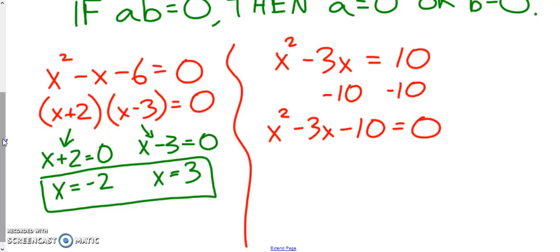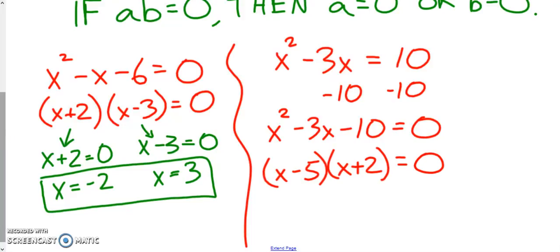Then I need to factor that. What multiplies to give you -10 but adds to give you -3? x minus 5 and x plus 2. -5 times 2 is -10, and -5 plus 2 is -3.